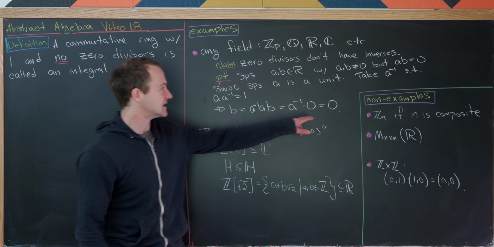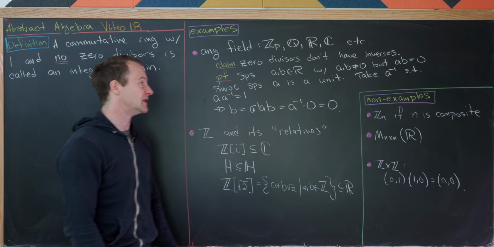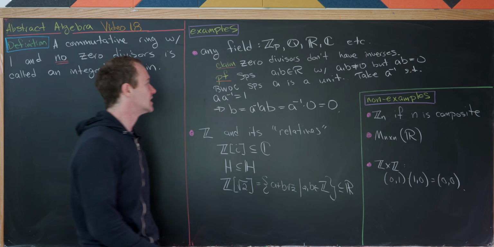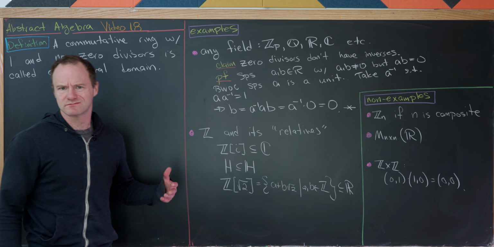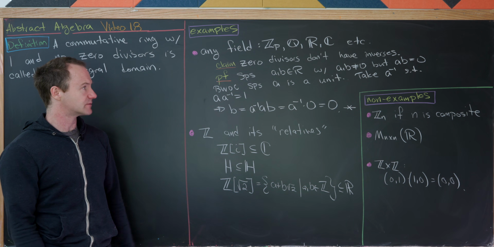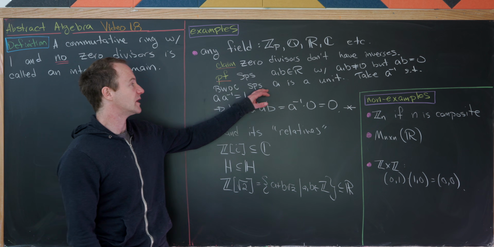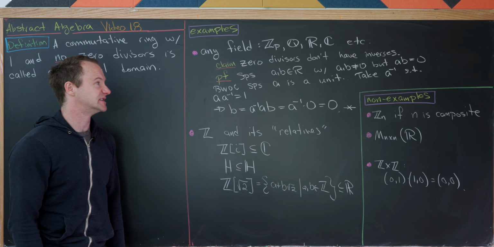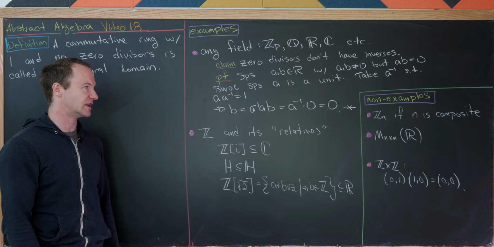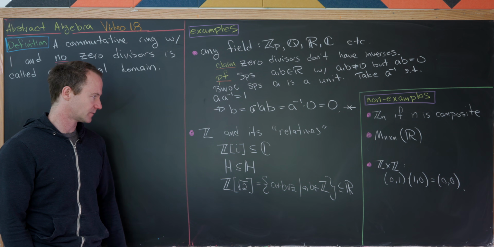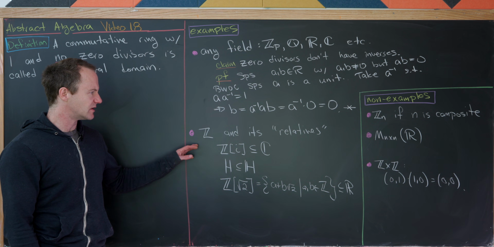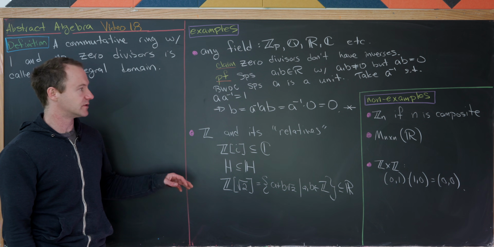But that means b is equal to 0, but we assumed that b was not 0, so that's our contradiction. What assumption did we contradict? Well, we contradicted the fact that a zero divisor could possibly have an inverse, in other words, that a zero divisor could be a unit.